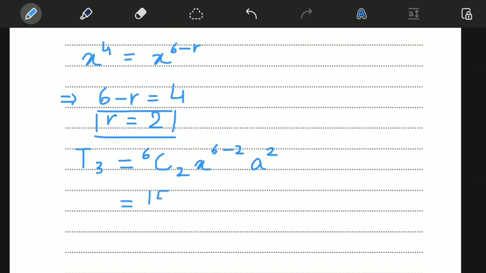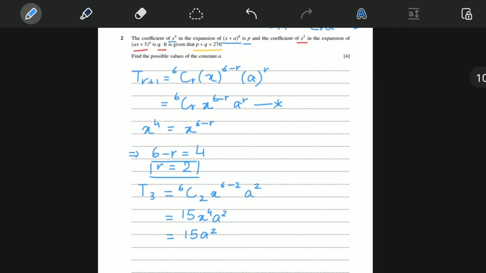It's 15 x power 4 a power 2. So the coefficient of x power 4 is 15a square. This is it. Now let me just arrange this a bit.